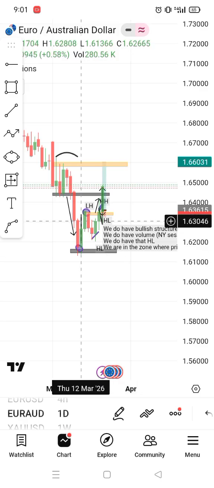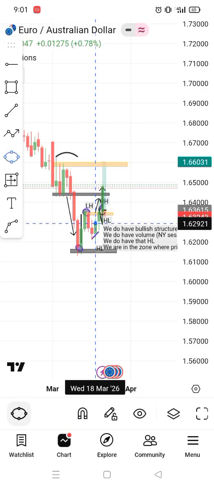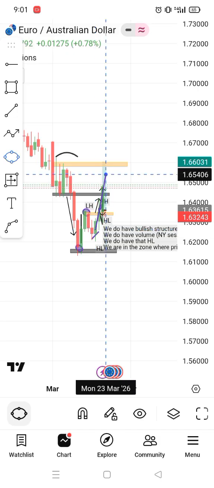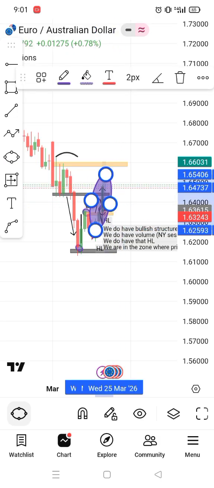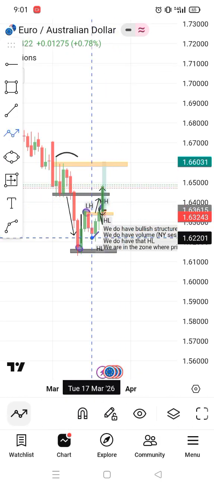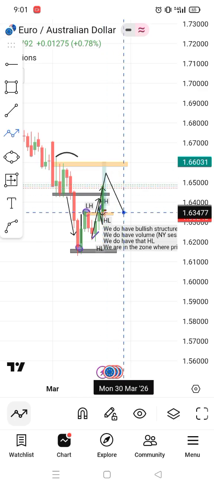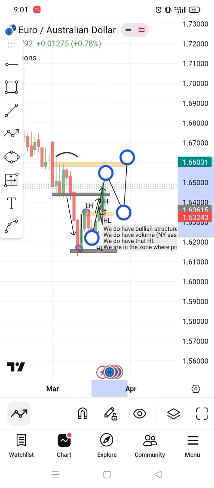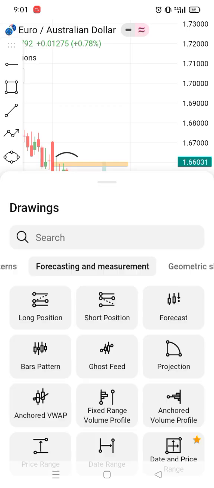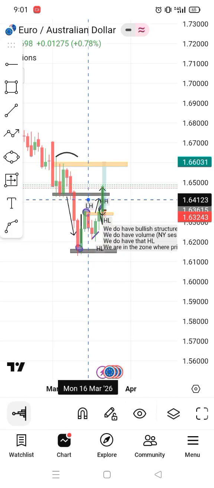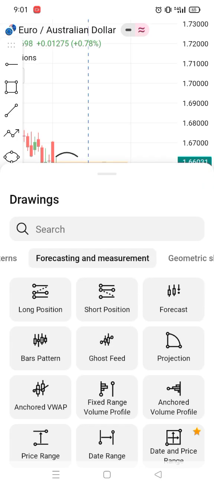So if it is still going to be bullish, it will create another higher low, right? So we'll see about that. I'm going to update you guys further in the next recording.